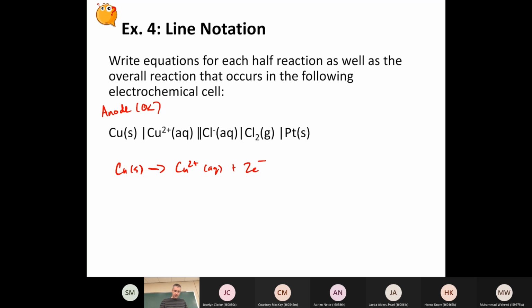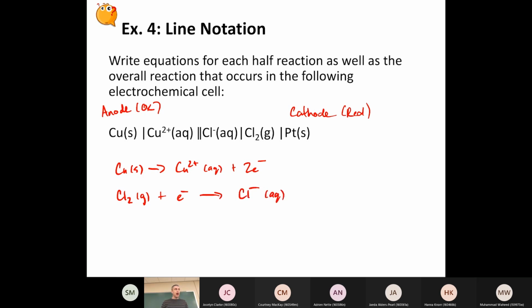The other side is the cathode, where reduction is taking place. So reduction there means it's gaining electrons. So that would be going from Cl2 gas to Cl minus. That would look like Cl2 gas plus an electron goes to Cl minus.